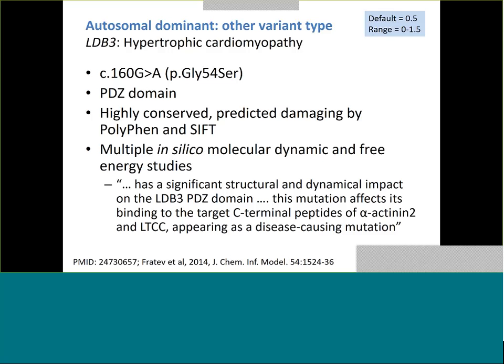There were quite a few people that had looked at this, I think in 2 separate papers potentially. So it wasn't just looking at PolyPhen and SIFT. I was almost inclined to give it points just because of the amount of in silico evidence that existed, especially with that modeling. However, I maybe would have given, instead of a default, a little bit less.